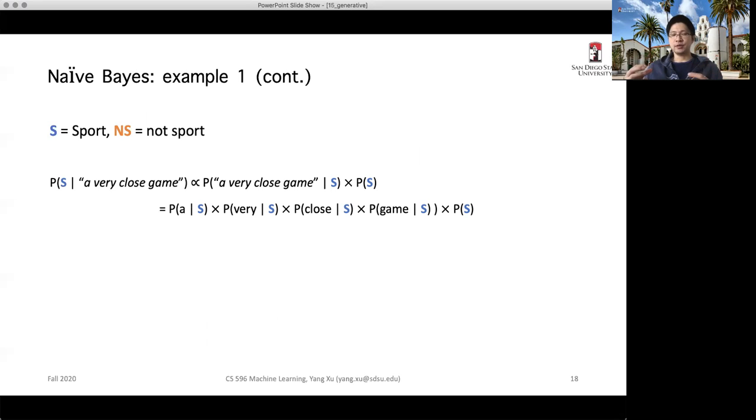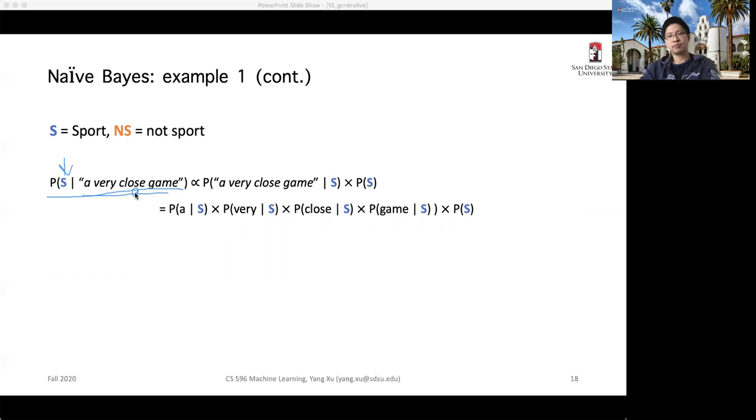Given the new sentence, "a very close game", our goal is to estimate the posterior, that is, the probability of sports given this observation.